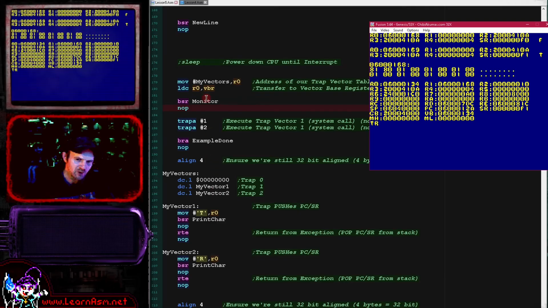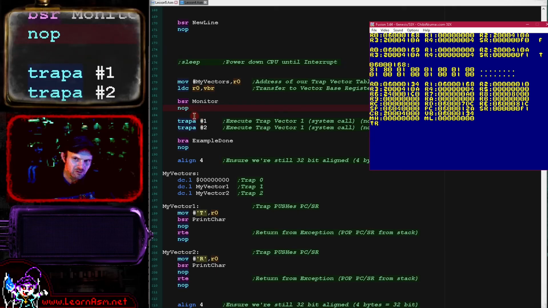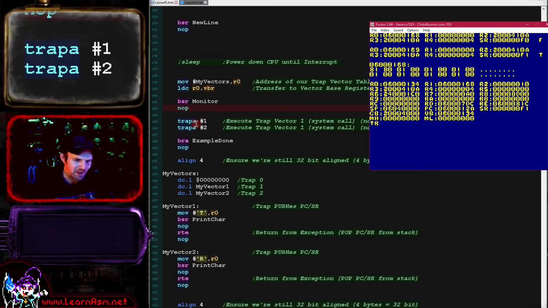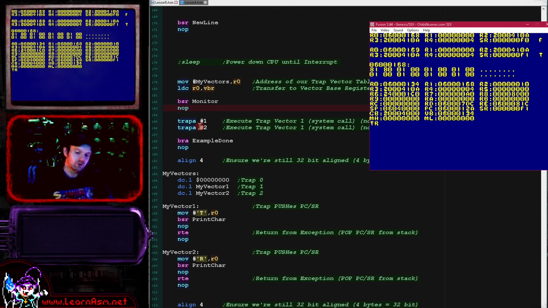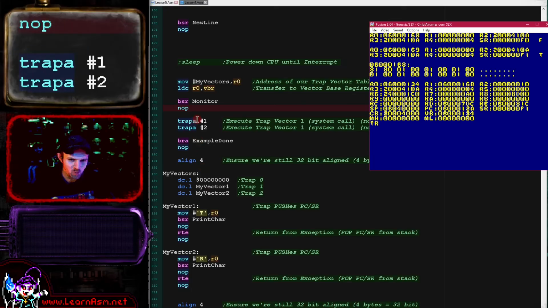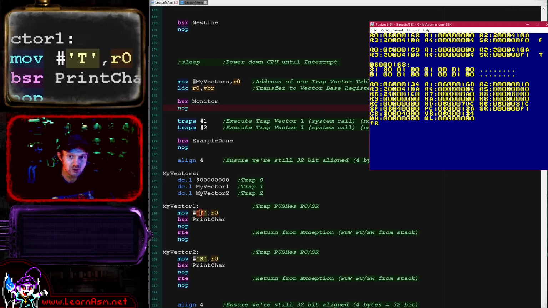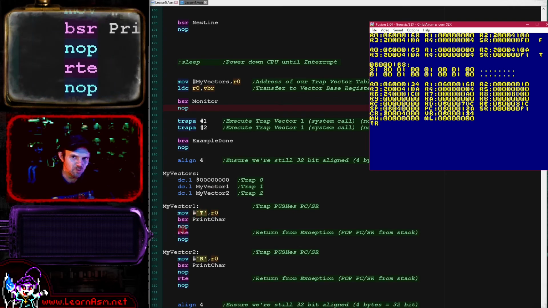And so because we've changed the vector base register, we can now cause a trap to trap 1 and trap 2 with the trapa command, and this will execute one of these traps that effectively calls one of our subroutines. In the case here, we've called trap 1, which runs this subroutine and just shows a T to the screen. We need to return with RTE, return from exception.